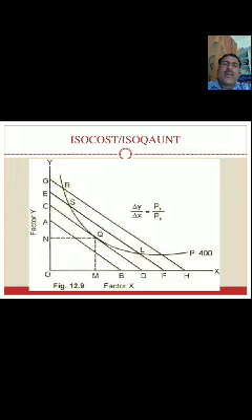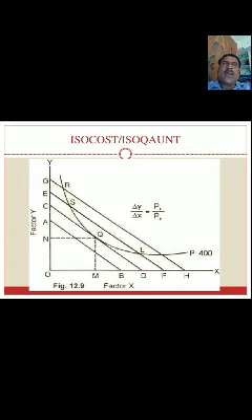Again the producer's budget is expanded, from 400 to 600 rupees. For example, EF is the new isocost line, arising parallel to the previous CD isocost line.